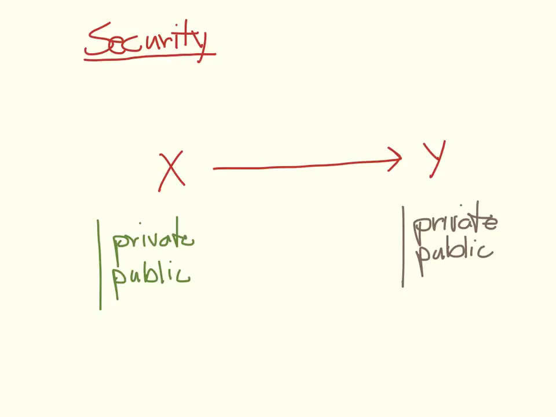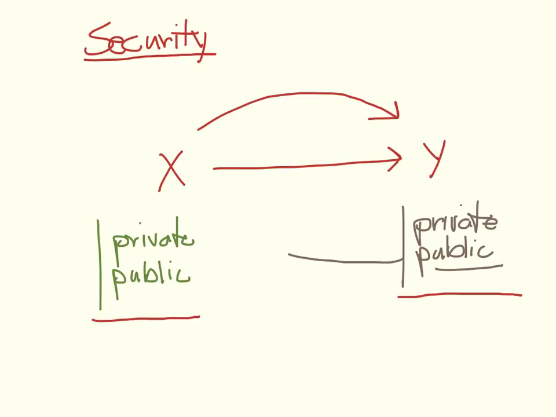So what's important about this is when you encrypt, if you encrypt with one, you can decrypt with the other. Encrypt with one, decrypt with the other. So, for example, if X wants to send some data to Y and they want it encrypted, here's what can happen. Y can share their public address, right?